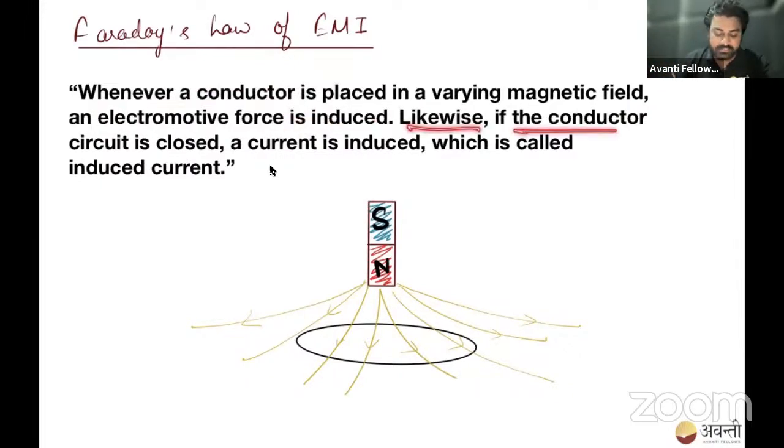Likewise, if that conductor circuit is closed, a current is induced, which is called induced current. So this is Faraday's law of electromagnetic induction. If you want to note, you will get this in NCERT also, the definition.